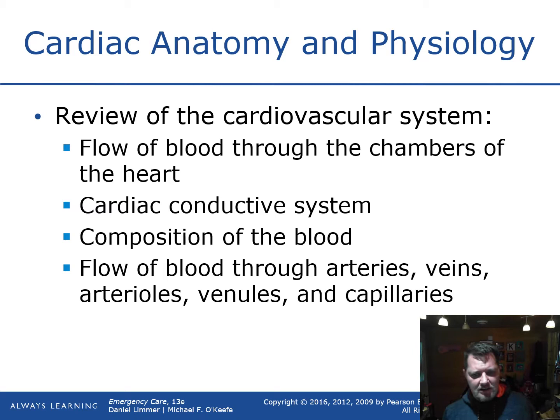The cardiac conductive system, remember that's our electrical system. We start at the top of the heart. This is what makes the heart pump. We start at the top of the heart with the atrial bundle, and that AV node, the atrioventricular node.